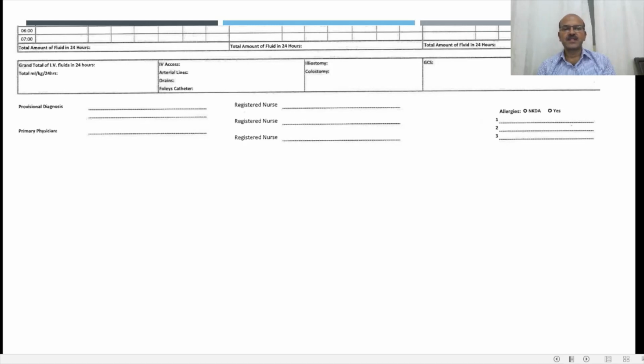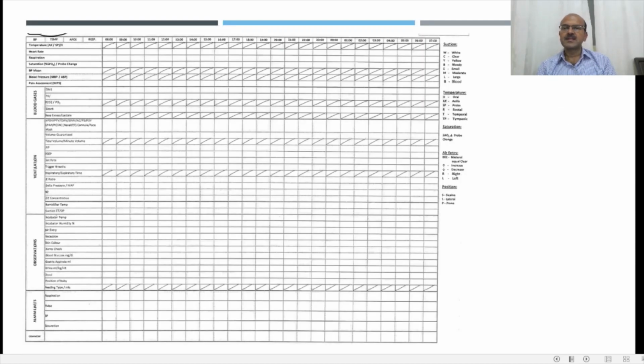Here we mention allergies, mostly it's not applicable in newborns. And the provisional diagnosis and the primary physician are there because it's a daily sheet, and the nurses sign at handover as well. This is the back portion of the sheet, and as I will come to, it has sections for blood gas, ventilation, observations where we write the feed part as well, and assessments.